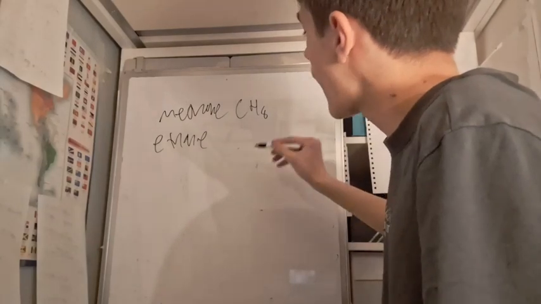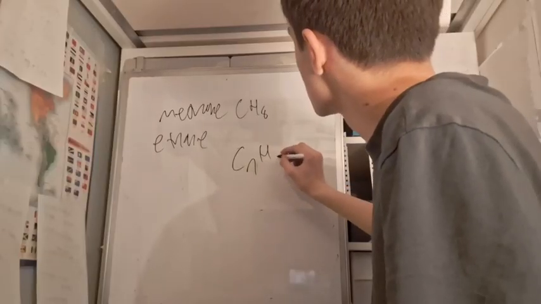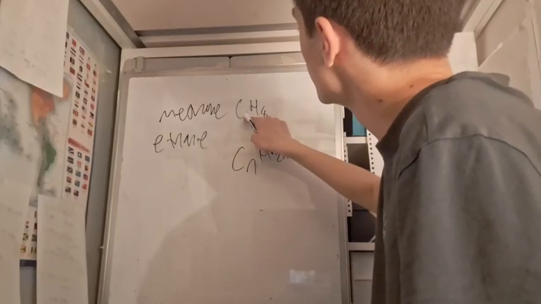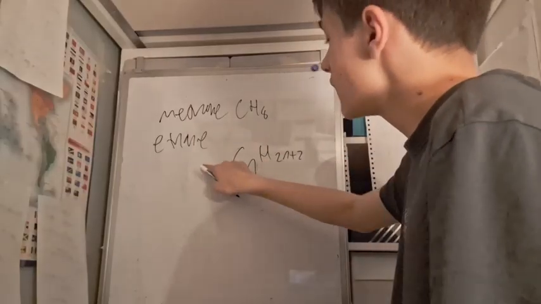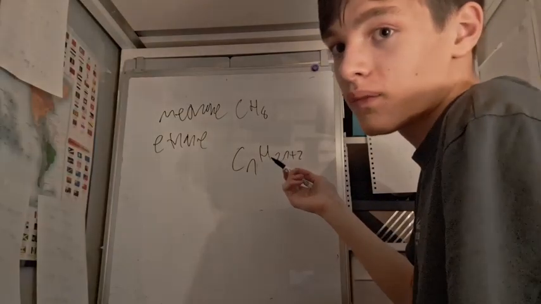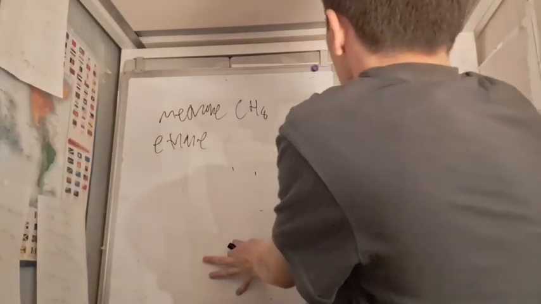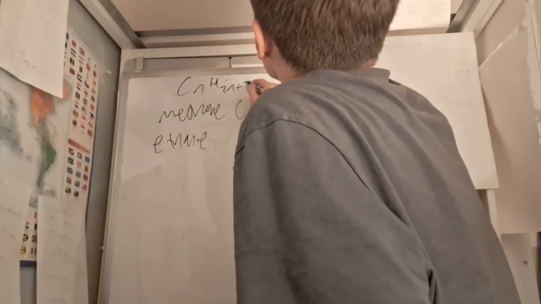The equation for alkanes is CnH2n+2. So since this is 1, 2 times 1 is 2, plus 2 is 4. And ethane is the second one, so 2 would go here. So what would it be? Actually, you know what? I'll just put this up here, just as a reminder.